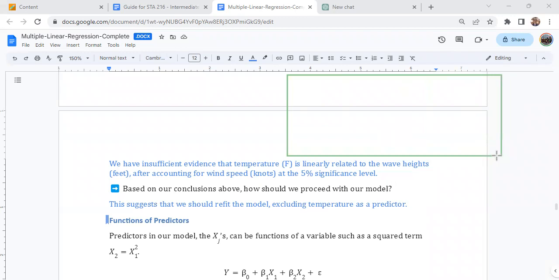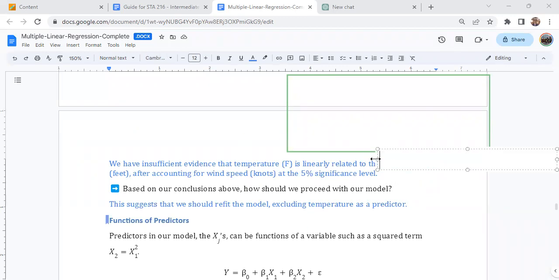You can have x and y like this. You can have something like this.